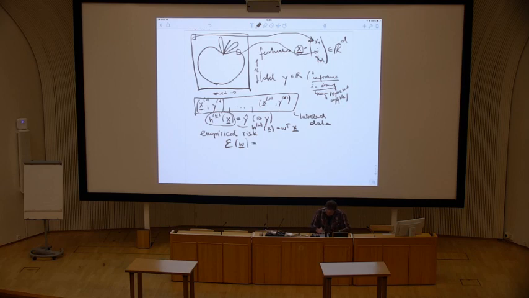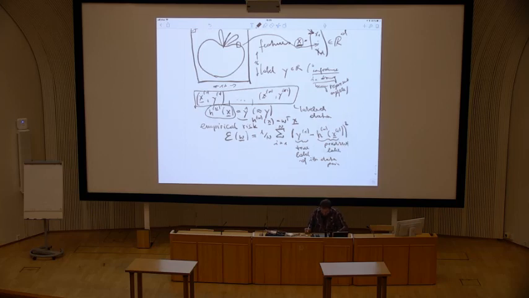We can compute the empirical risk over the labeled data just by summing up the loss. So what did we choose for the loss? Squared error loss. We took the difference of the true label of the ith data point minus the predicted label, which is h_w of x_i, and we square this difference.